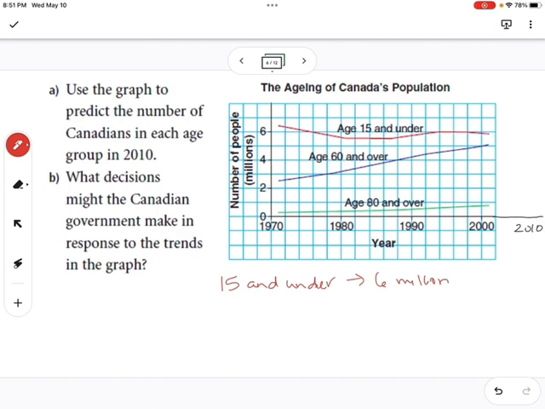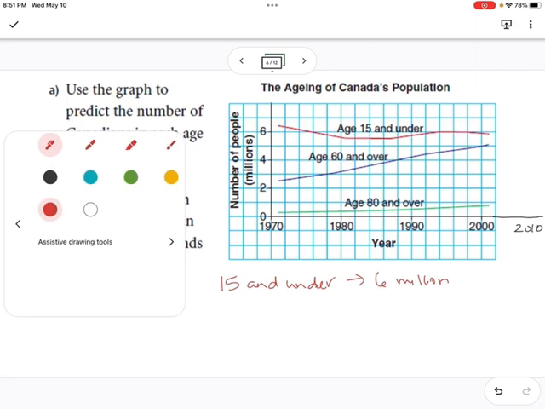Looking at the 60 and over, we notice that there is a steady increase with this one. So we're going to assume that it's going to continue to increase, and it will also end up around 6 million in 2010.